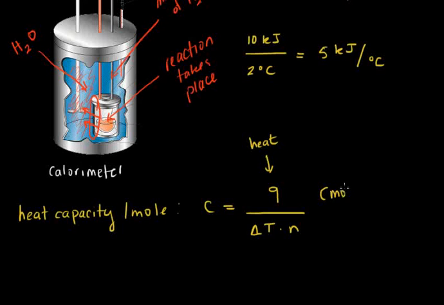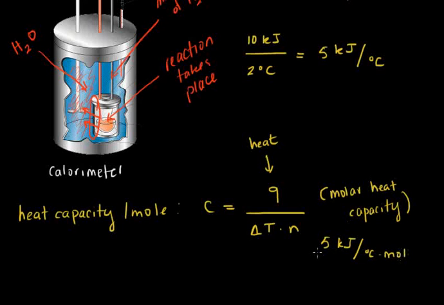And we can call this the molar heat capacity of a substance. Say we had 1 mole of water in our calorimeter, and it took 10 kilojoules to increase the temperature by 2 degrees Celsius, we could say that the molar heat capacity of water would be 5 kilojoules per degree Celsius per mole.